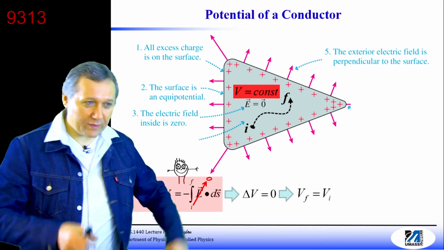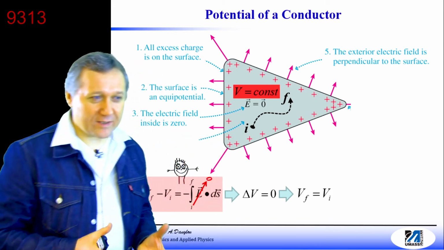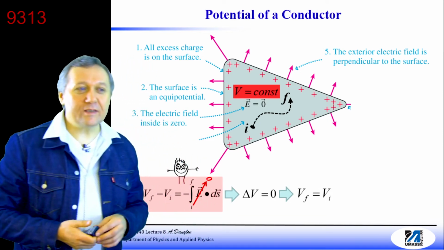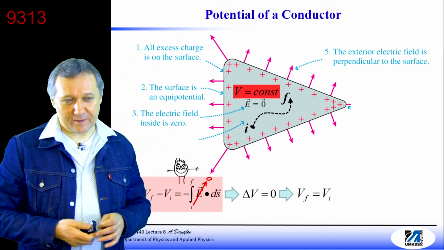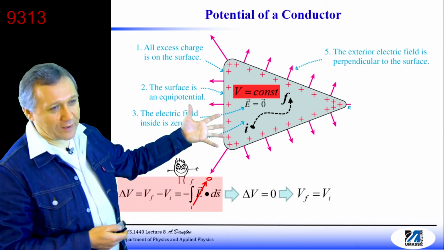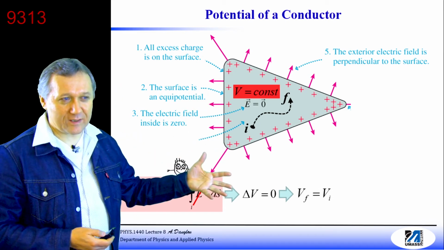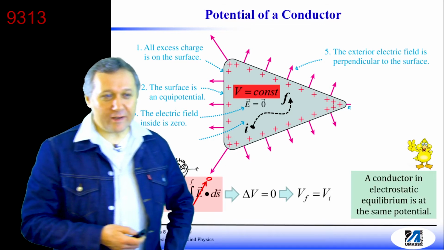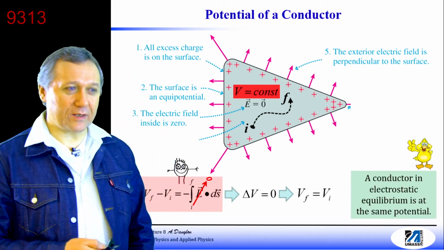All the time, if you have a conductor in the electrostatic equilibrium, its exterior surface is an equipotential surface. Or in this two-dimensional picture, we can say it's an equipotential line. Okay, so that's an additional piece of information about the conductor.